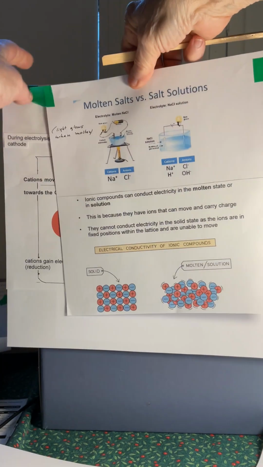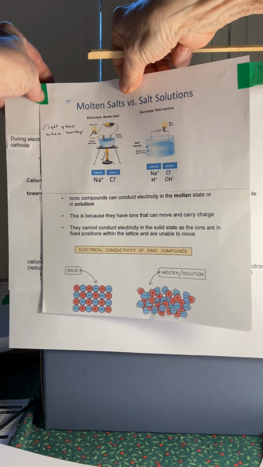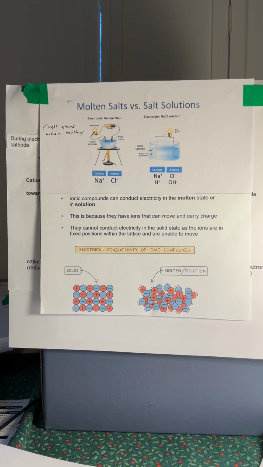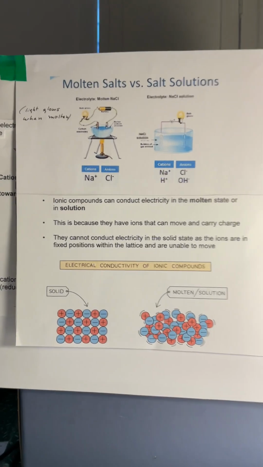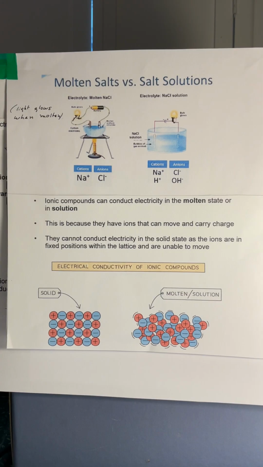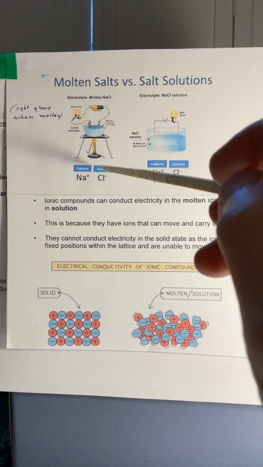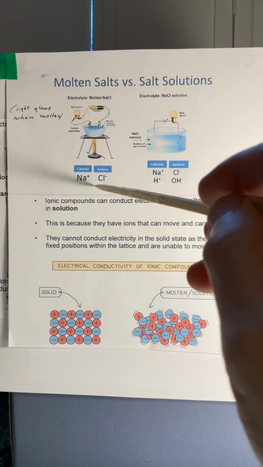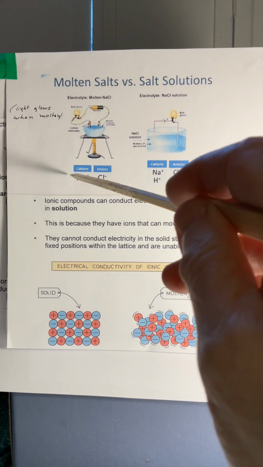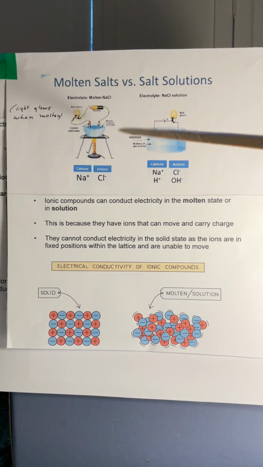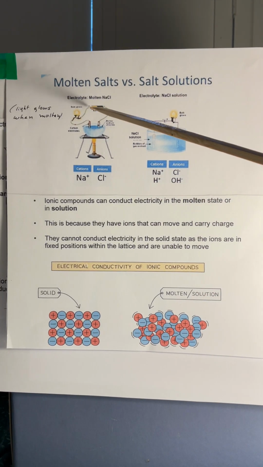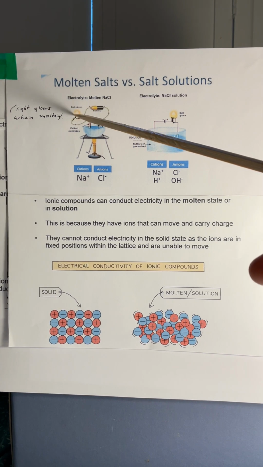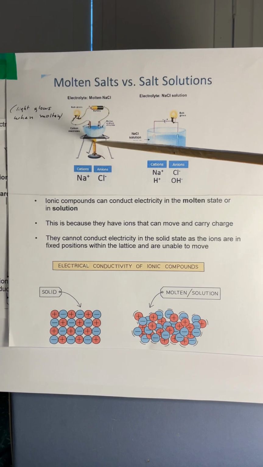So we just said that this electrolysis can happen only if the salts are molten or in solution. When the salts are molten, you have ions that only come from whatever the salt is made of. Like in this case, sodium chloride is made of sodium ions, chloride ions, and the circuit will be closed and electricity will circulate and this little lamp will light up only when the salt is molten.